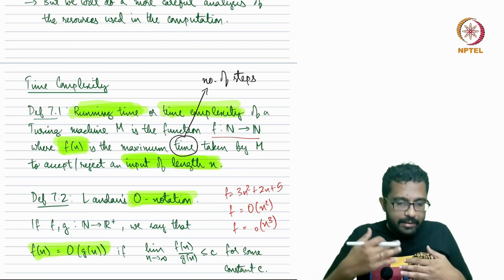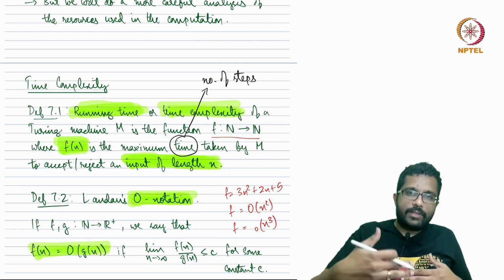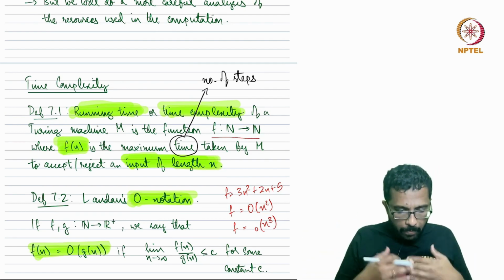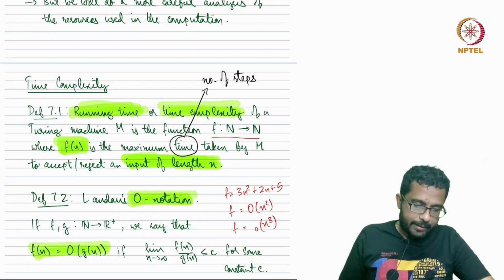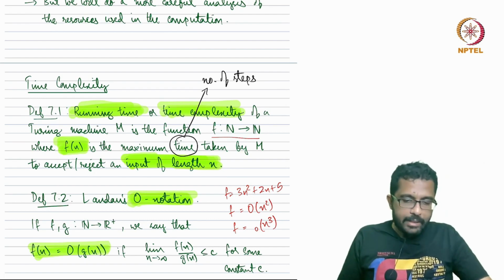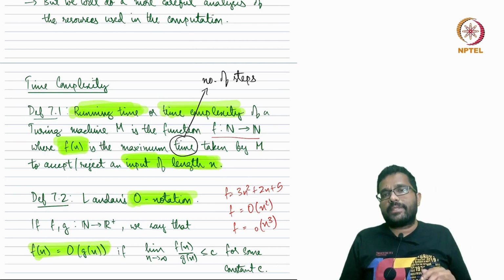So time means the number of steps needed, how many steps are needed to get to the decision. That's what I mean by time here. So running time means we are measuring it in terms of number of steps.